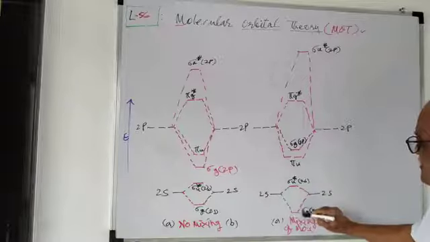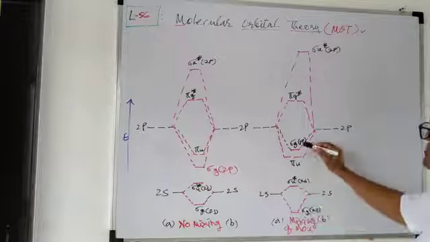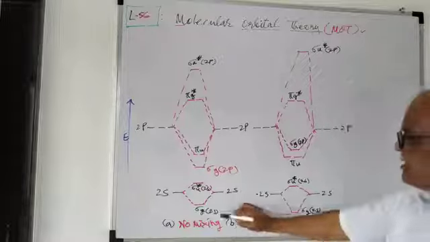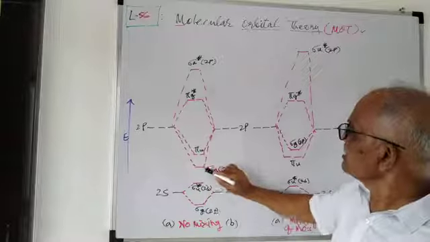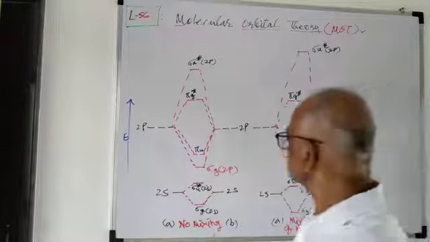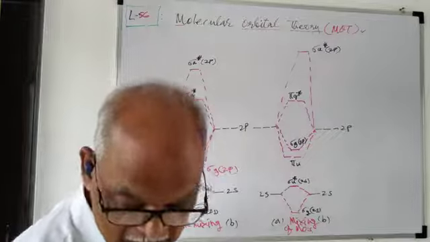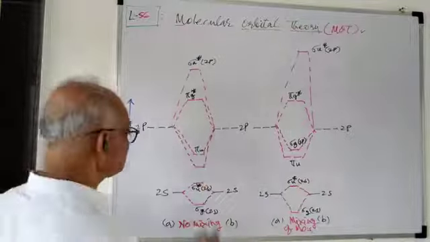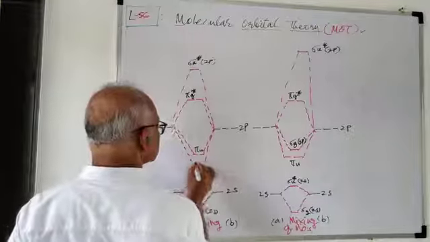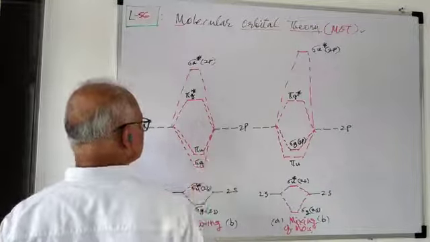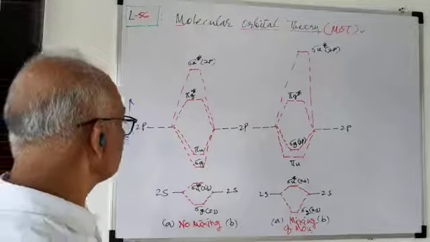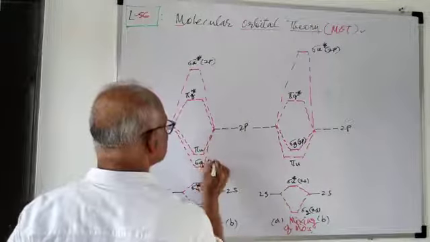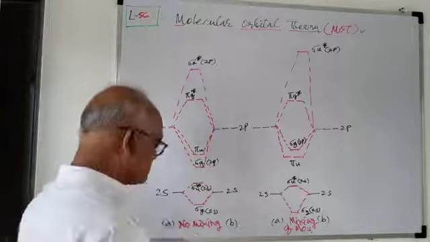So there are 4 sigma orbitals, 1, 2, 3 and 4. Similarly here 1, 2, 3 and 4. So these sigma orbitals we will show in one color. So this is sigma g orbital, that is of 2p nature, resulting from 2p.